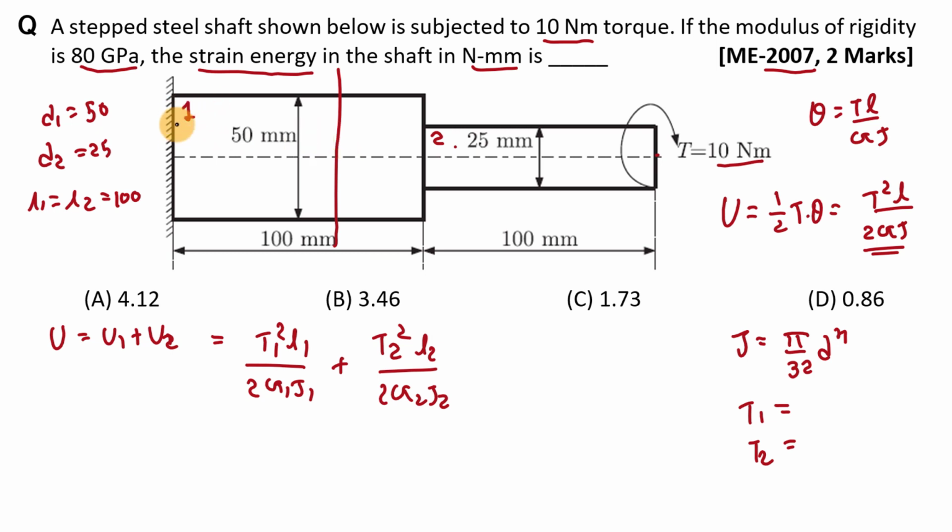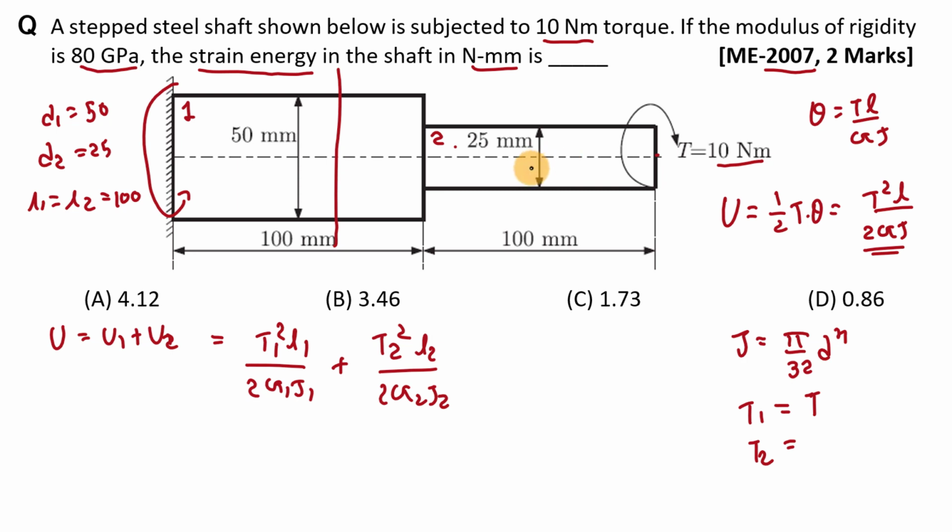Now on the left side there is a fixed end, so there will be one reaction at this fixed end, right? And here if this twisting moment is in the clockwise direction, here it will be in anti-clockwise direction, right? But here we will take the right side of the twisting moment to this section. So on the right side there is only one twisting moment, that is T is equal to 10 Nm/meter. So here T1 is T, that is equal to 10 Nm/meter, right?